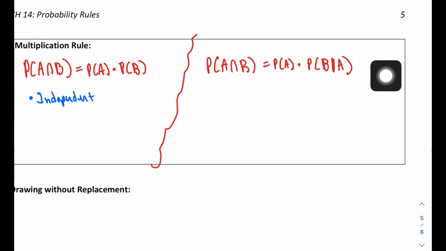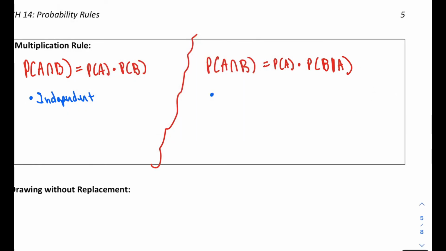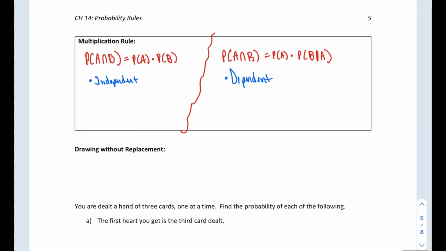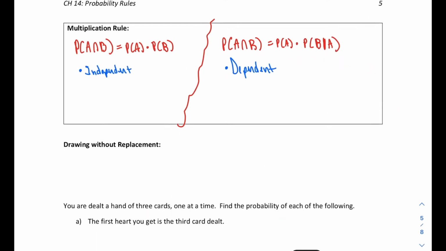Now for this, I actually do not recommend using the formula too much. It makes more sense to take it on a case by case basis and to really understand what the probabilities are in each problem.